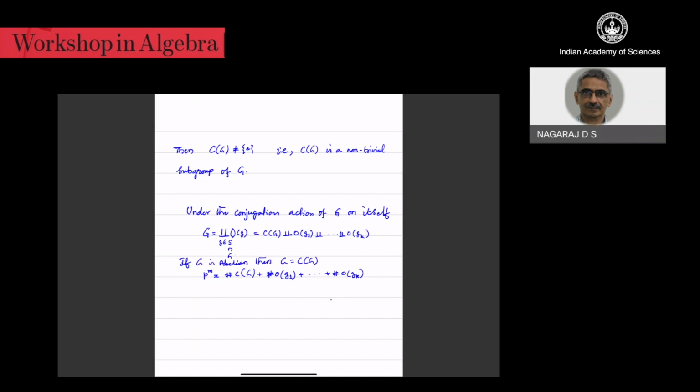So whatever we wanted to do is already clear, because in that case C(G) equals G. That means it is not a trivial group. It's not the identity group. That's what we have shown. Okay. So assume that G is not abelian.